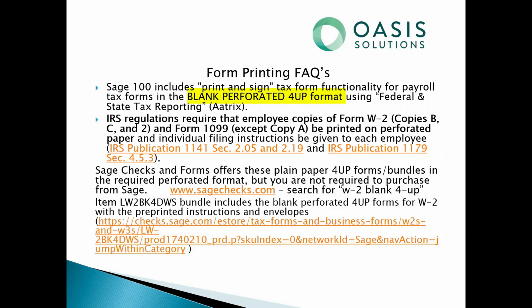So I've included here the item number for the bundle that would contain the W-2 4-up forms with the pre-printed instructions on the back and the corresponding envelopes. Again, entering the item number doesn't show up in my search when I try it. So when I've tried to search for it, I've always searched for the W-2 blank 4-up, and it has populated there.